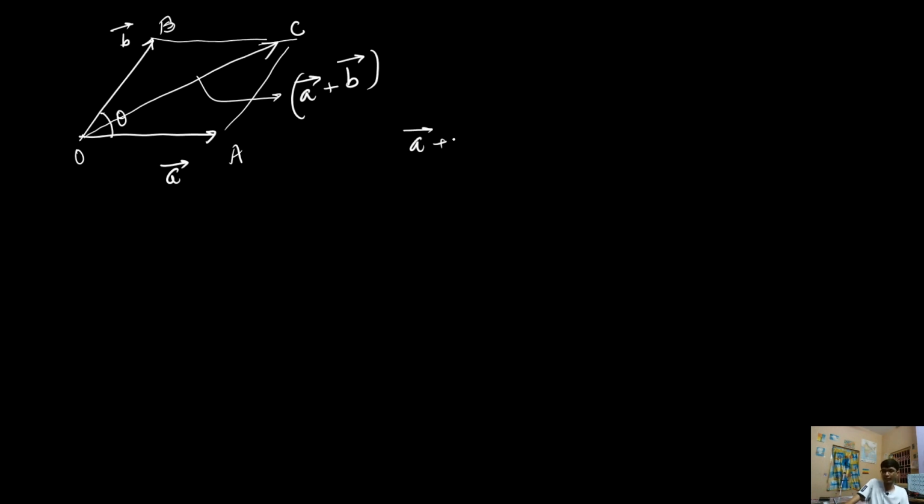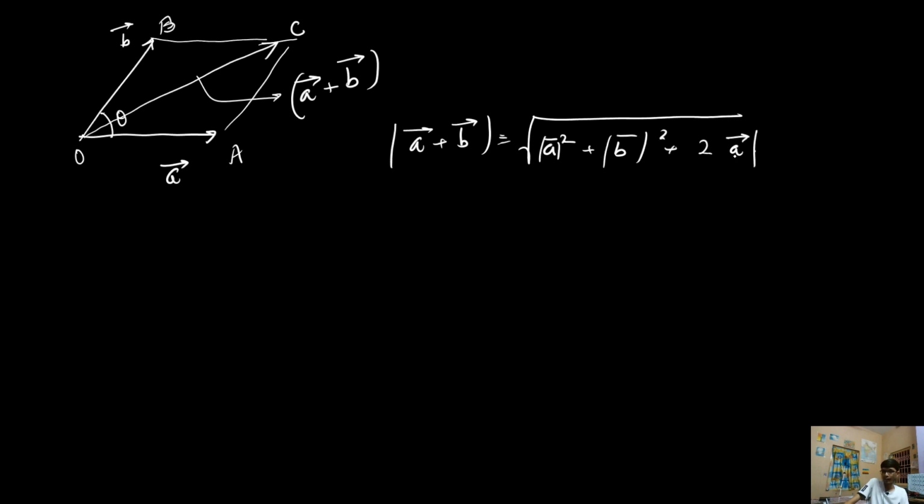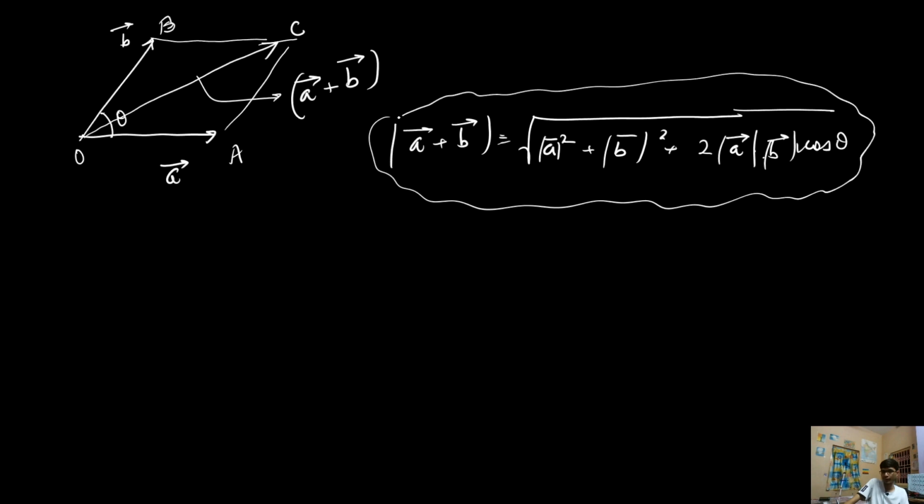The magnitude of this addition is given by: magnitude of a whole square plus magnitude of b whole square plus 2 times magnitude of a into magnitude of b into cos theta. This expression gives the length of the diagonal. I hope this condition comes very helpful.